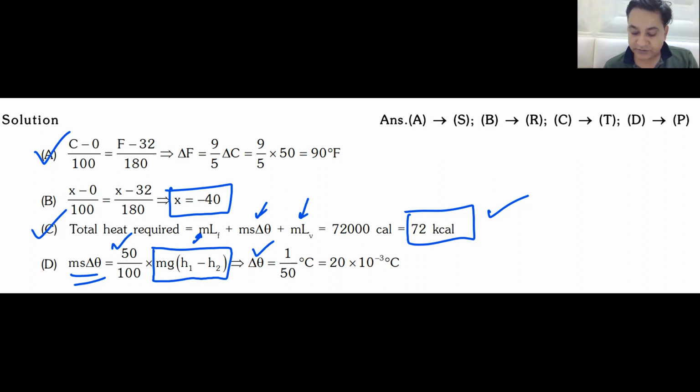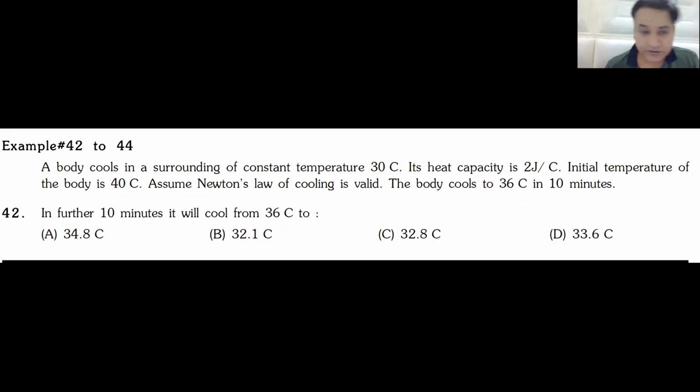Let us move on to the next set of questions, and these are the questions which might be coming in the exam. Again, it's a comprehension type, so there are 2 or 3 questions which are linked. Example number 42 to 44. A body cools in a surrounding of constant temperature 30. Its heat capacity is 2 joule per calorie. Thermal capacity.